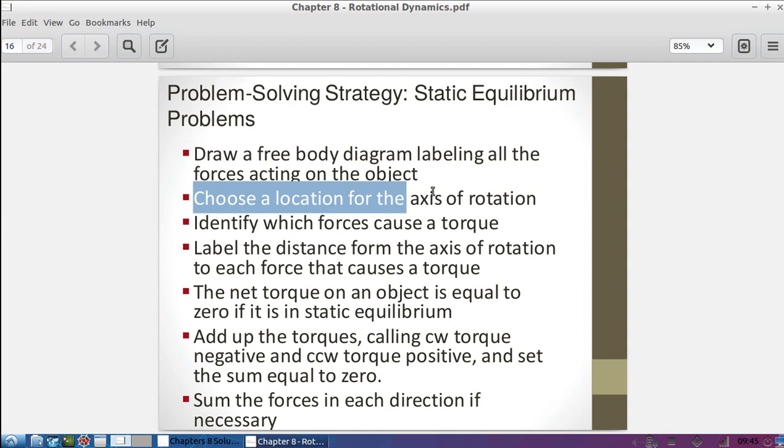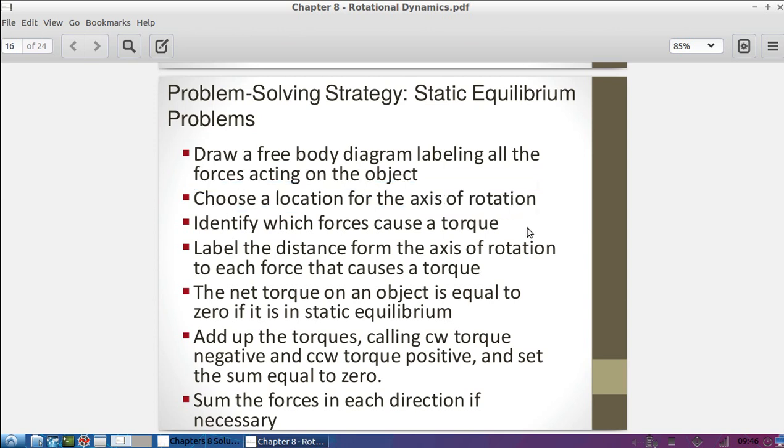So we want to pick an axis of rotation, preferably where there's a force being applied, because a lot of times we'll have a force that, let's say we're not being asked to find it, or we don't know the value of it, right? And if we want to eliminate that variable from our equation completely, we'll pick where that force is being applied to be the axis of rotation.